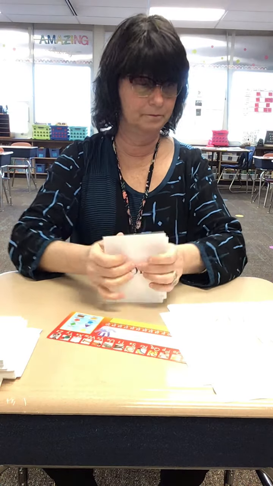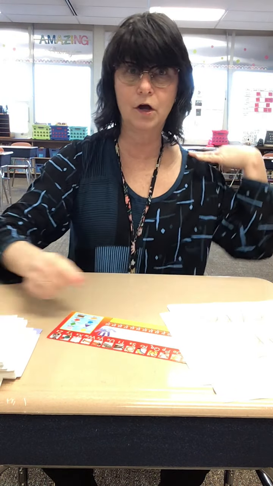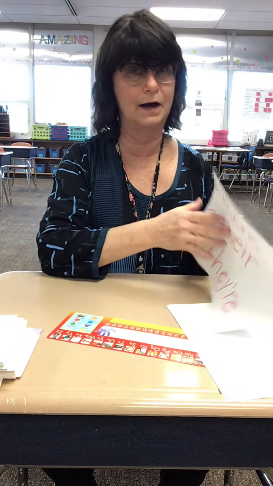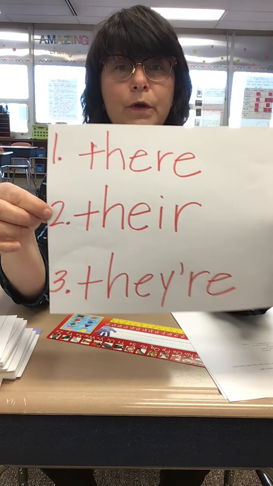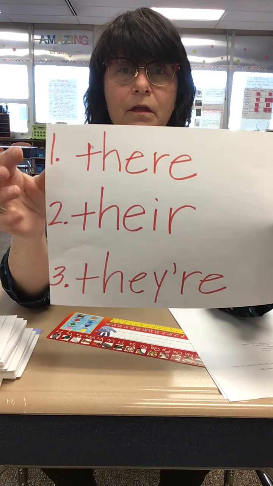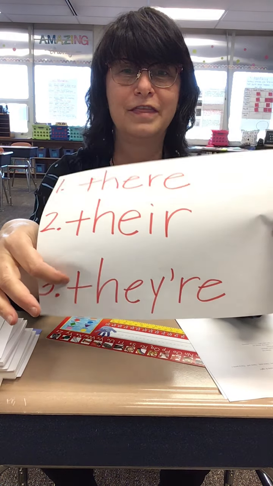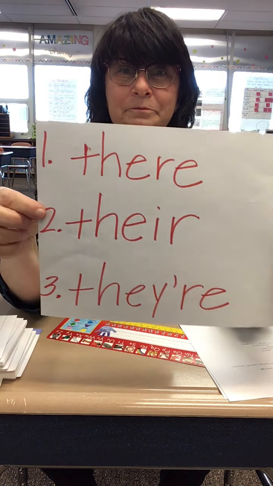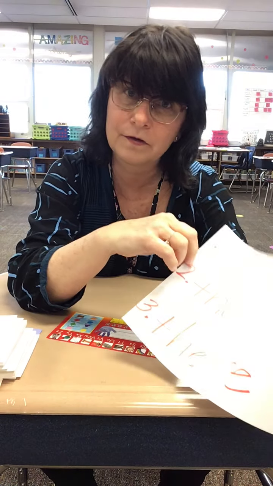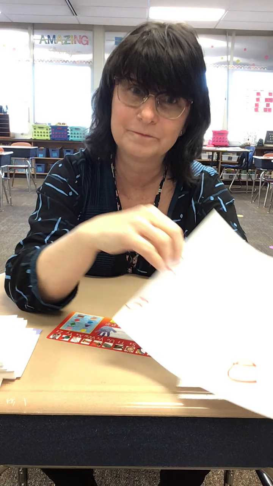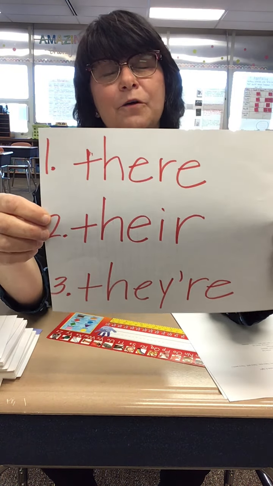Very good. All right, what I want to talk to you today some more about are these three words. There, their, and there. Did those sound like the same word? All right, here we go.